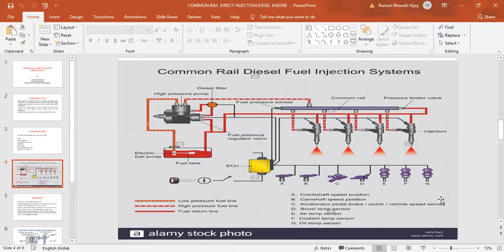So all the sensors have a connection to the ECU.